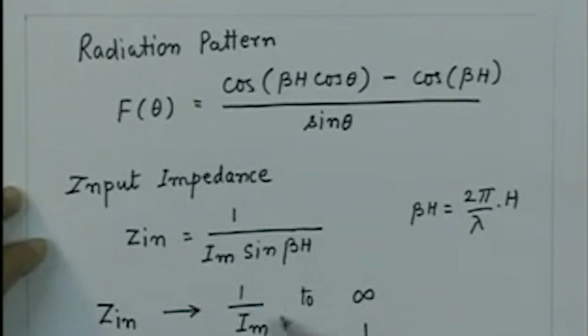Of course, these are not the unique values. This quantity will go to 0 again for 2 pi and multiples of that. So, as the length of the antenna increases, you will see that the impedance will become 1 upon I m, again it will go to infinity, again it will come to 1 upon I m, and so on. So, there is no monotonic trend for the variation of the input impedance as the length of the dipole changes.